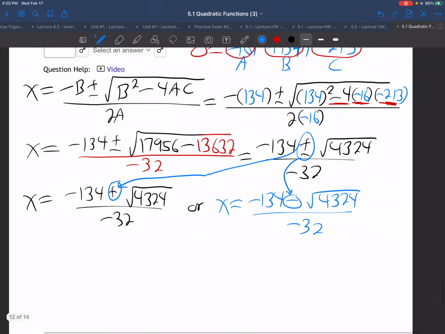Okay, so then on your calculator, when you do this on your calculator, make sure you put parentheses around the numerator before you divide by the bottom. That makes sense? You've got to put parentheses around the numerator.